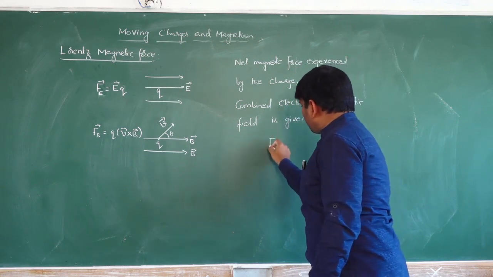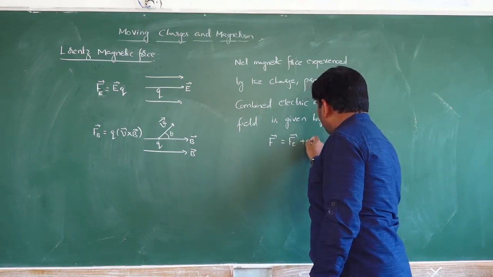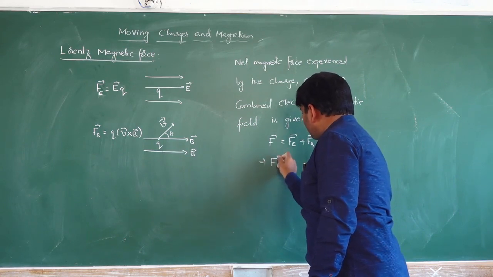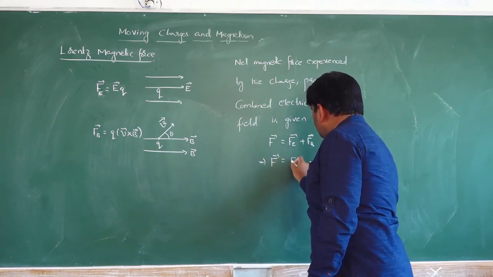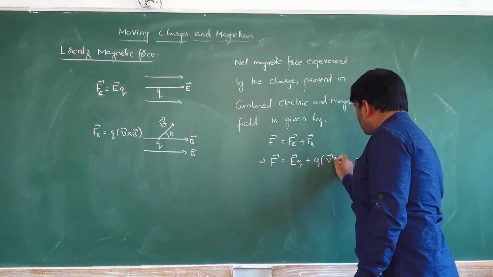That is, net force is equal to the electrical force Fe bar plus the magnetic force Fb bar. So according to this, I can write it as F bar is equal to E bar into Q plus Q into V bar cross B bar.